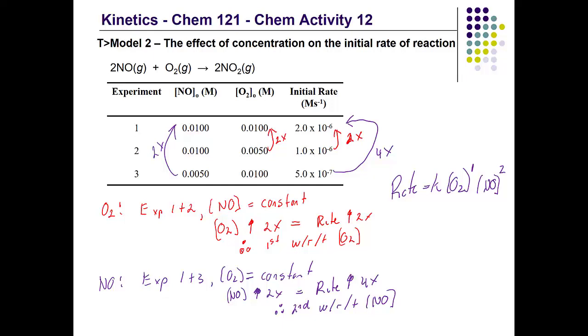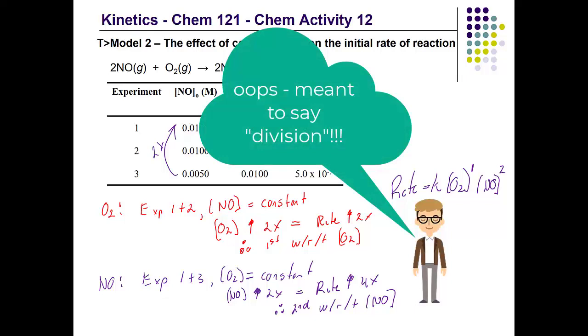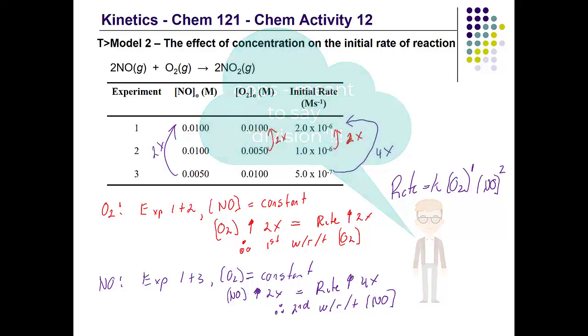I think you may agree with me that this sort of analysis is quite a bit quicker than having to write in all the concentrations and all the rate values and doing the subtraction. But again, you may only want to apply this approach when you have a relatively straightforward set of data.